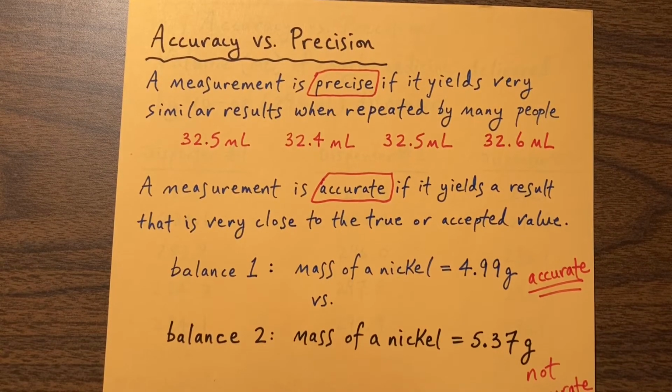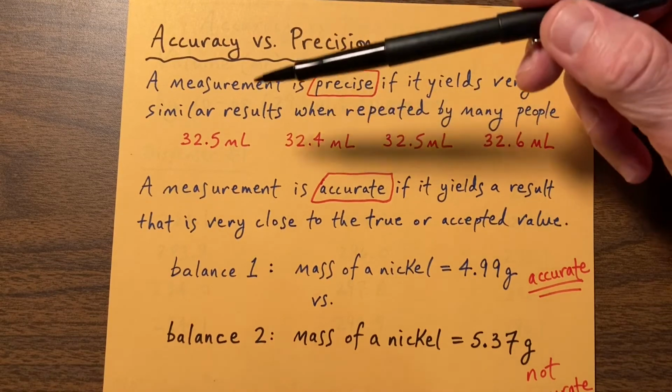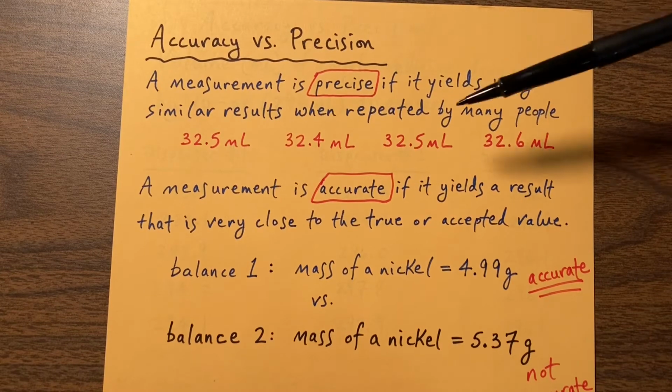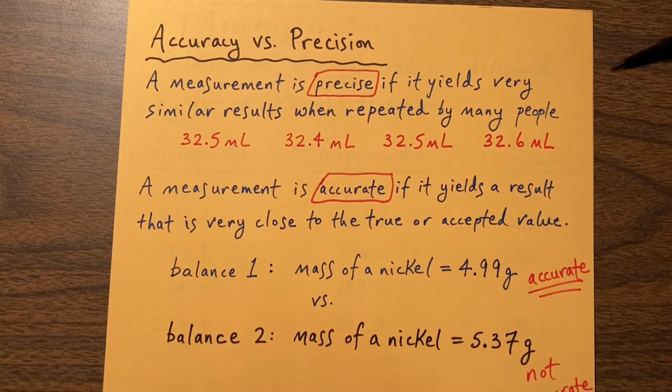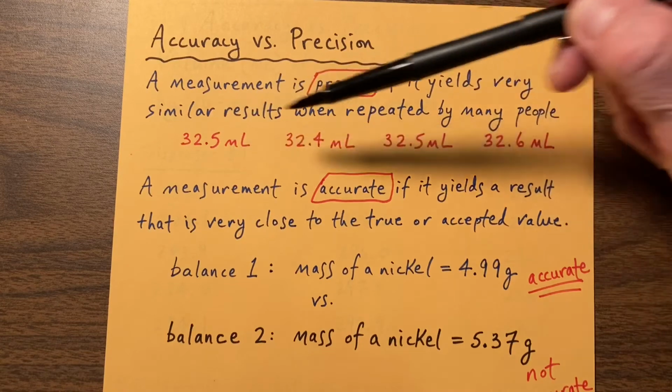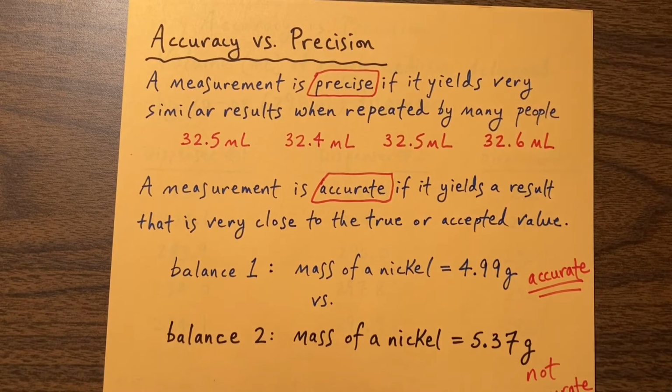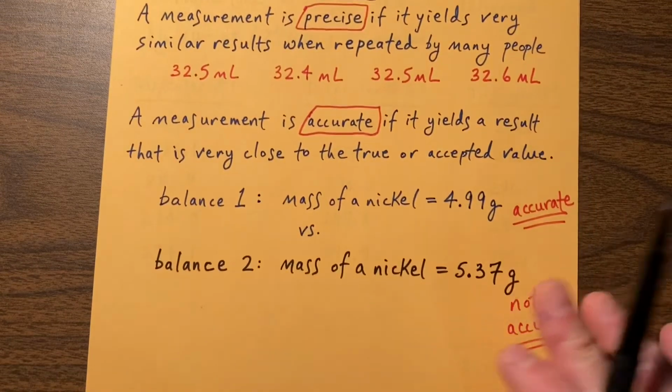So if I gave a graduated cylinder with some liquid in it to 4 different people, one person might say it's 32.5 milliliters, another might say 32.4, another 32.5, and the fourth might say 32.6 milliliters. But they all are precise. They all have the same number 32, and they're only different in the last decimal place, the last sig fig, either plus or minus 2. So that's a very close range. So we say those are precise measurements.